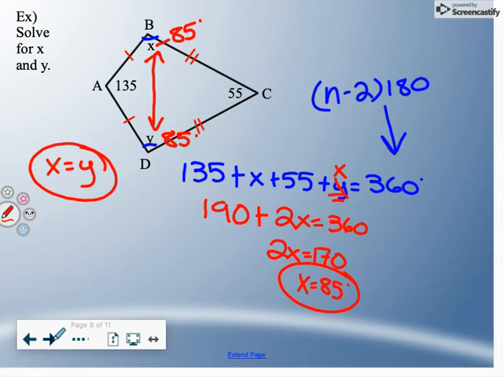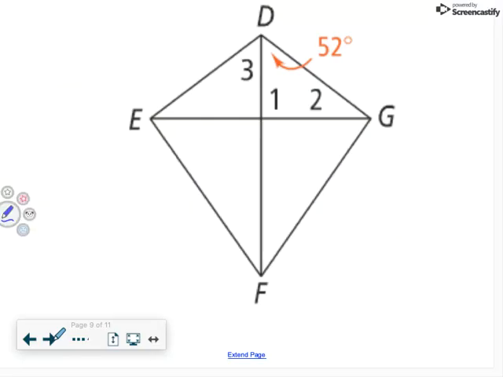So next problem here. We're given this triangle and we need to find some information. First, a key thing with diagonals in a kite: we know that they are perpendicular. So we know that the measure of angle 1 is equal to 90 degrees. Now I'm going to focus on this triangle right here.